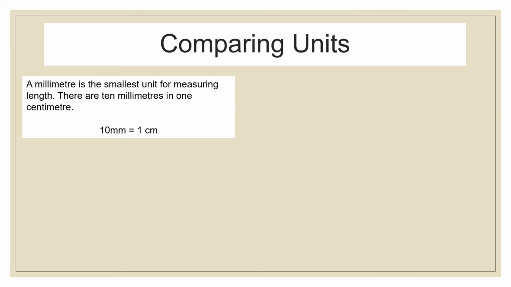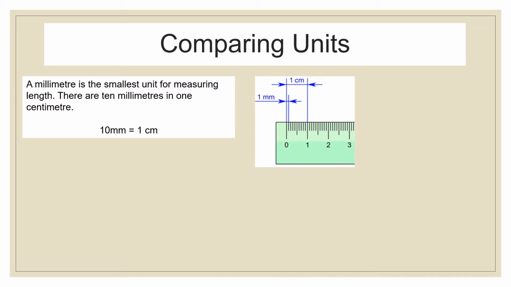A millimetre is the smallest unit for measuring length, and there are 10 millimetres in 1 centimetre. So 10 millimetres is equivalent to 1 centimetre. And you can see that by looking very closely at this example.